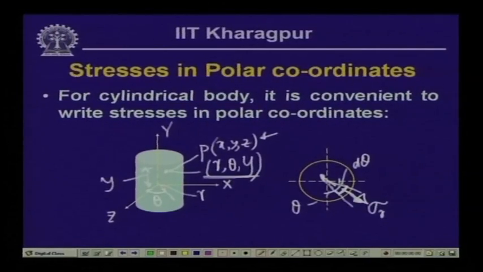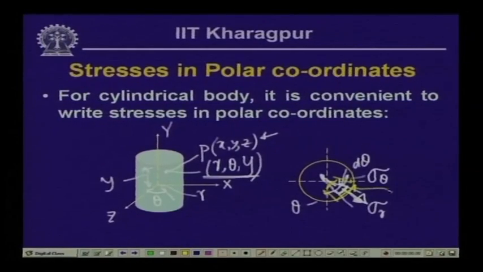The stress normal to this surface, which will be acting along the circumferential direction, we call sigma theta. Also, we will have the tangential stress on this plane as well as on this plane, and we will have tangential stress in the radial direction as well.